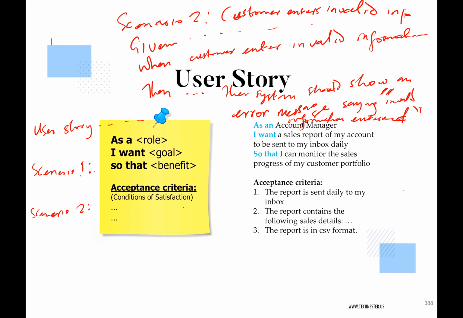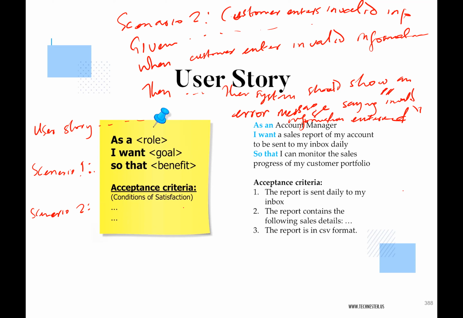Right. So given that the customer is on the sign-on page, when the customer enters valid information, the system should behave this way. It should allow the customer access the system. When the customer does not enter valid information, the system should behave this other way. And you write them as two different acceptance criteria.